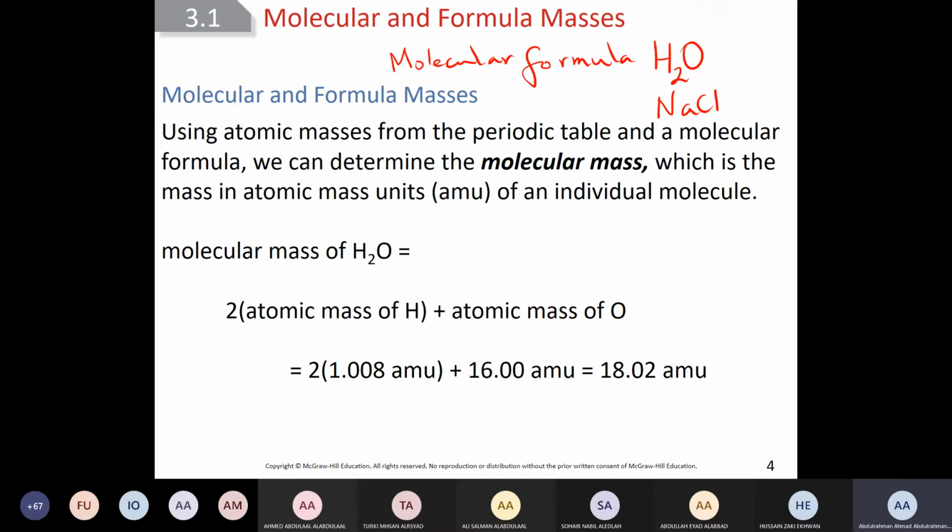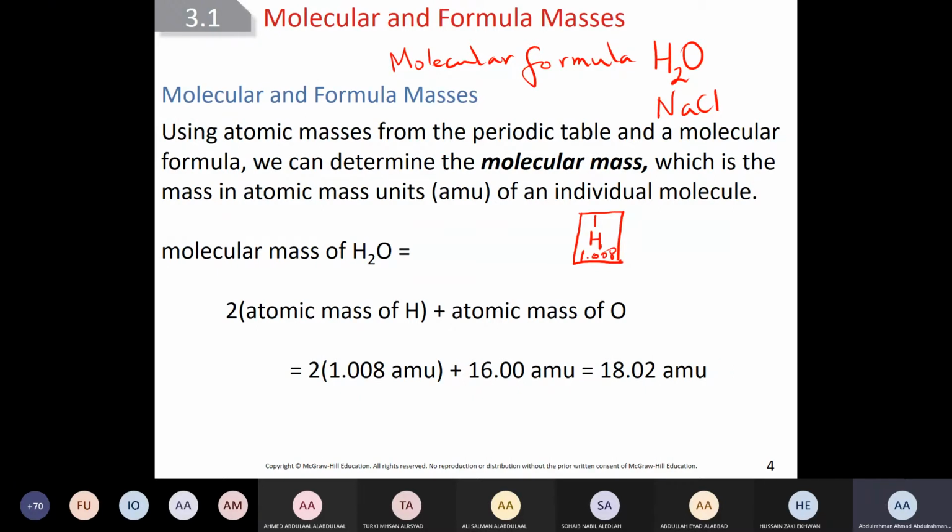Now, I want you to get your periodic table. Get your periodic table with you, available and handy. In the periodic table that I gave you, there is the element like this, and then this is a number, and then this is also a number.